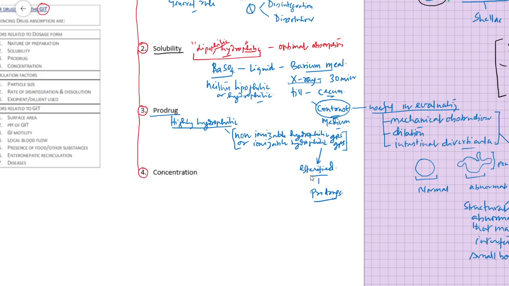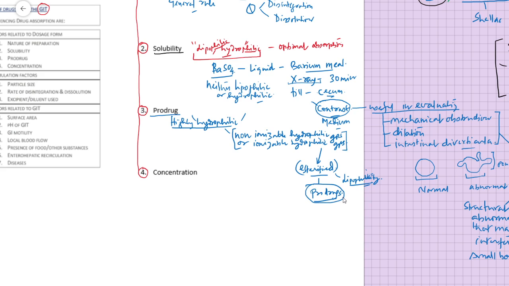Okay, so when we esterify these kind of groups, they become lipophilic. By esterification, we increase the lipophilicity. So the problem was it was highly hydrophilic. Now by esterification, we increase the lipophilicity. And then when we do this structural modification, we call it a prodrug.